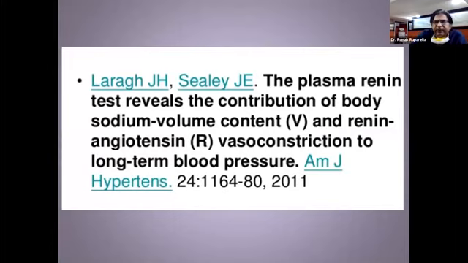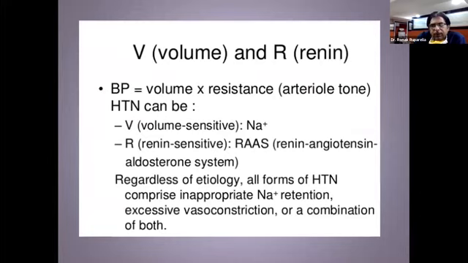One more approach to treat resistant hypertension: hypertension is a response of the body to either volume expansion or excess vasoconstriction. The plasma renin level reveals the contribution of body sodium volume and renin-angiotensin constriction to long-term blood pressure. Basically, BP is the product of volume and resistance.